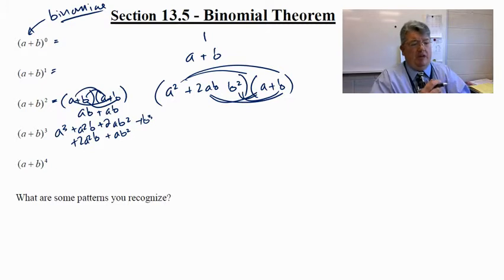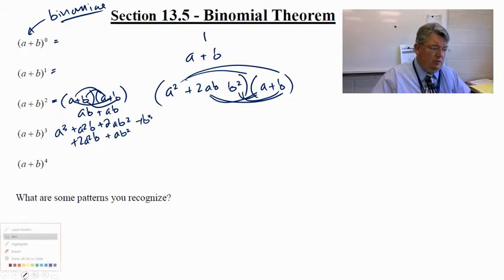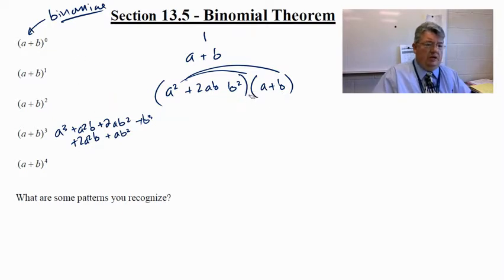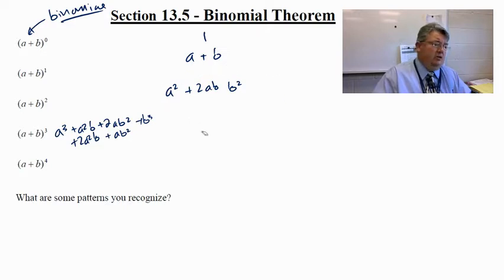So if I put all that together, I'm going to erase a few things here to clean this up a bit. That's gone, and that's gone, and that's gone. Okay, I am going to have a cubed plus 3a squared b plus 3ab squared plus b cubed.